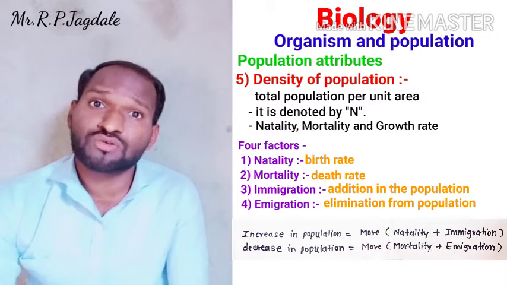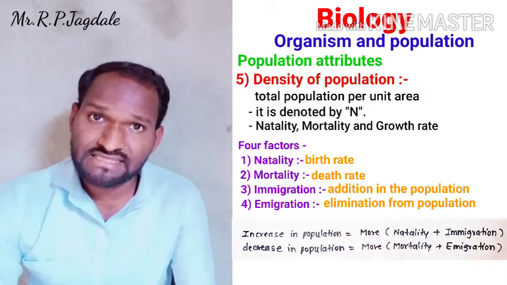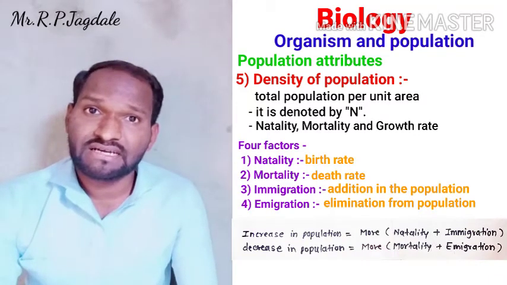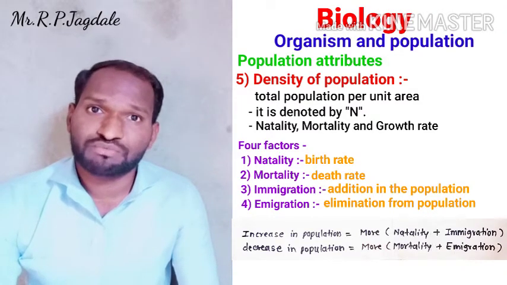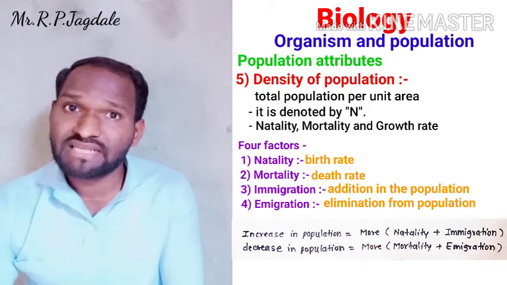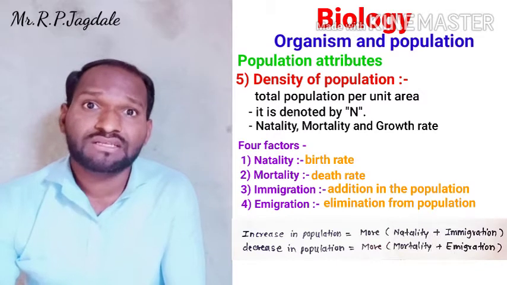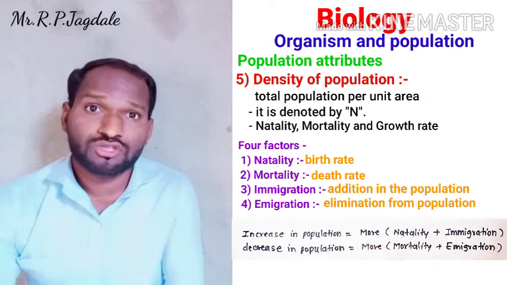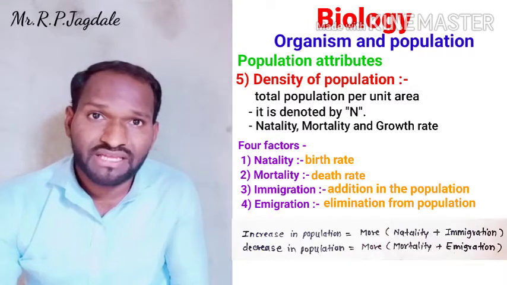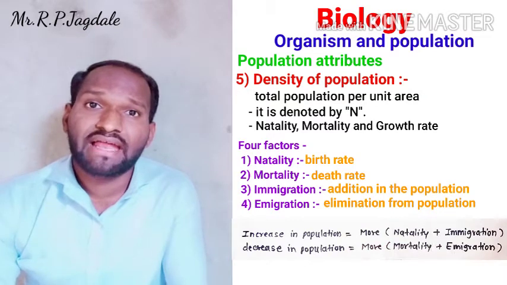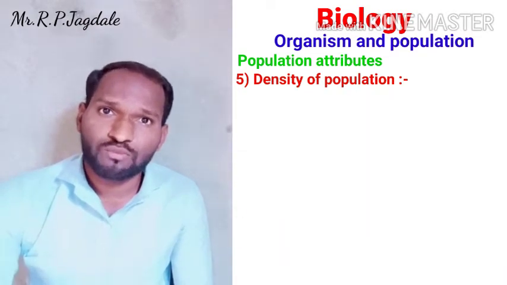So we can conclude that in the villages population density decreases because mortality is more and emigration is more, and at the same time in the cities the natality is more and immigration is more because people are coming to the cities. By these factors, natality, mortality and immigration, we can calculate the density of population.